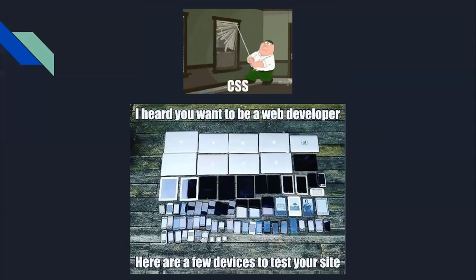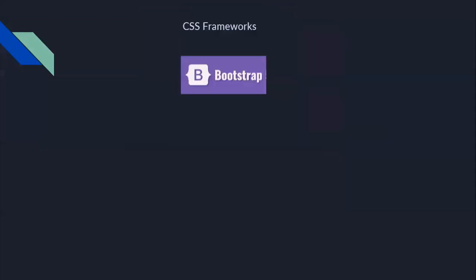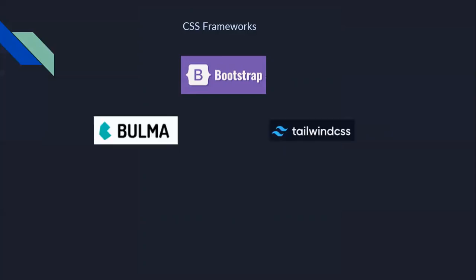So when the whole world was scratching its head, a few frameworks like Bootstrap arrived and eased the pain of many web developers. Agreed, frameworks like Bootstrap have their own limitations, but it is almost impossible for web developers to style complex websites and make them responsive using vanilla CSS. There are alternatives to Bootstrap like Bulma CSS and Tailwind CSS, etc. But Bootstrap still has a strong hold in CSS frameworks.